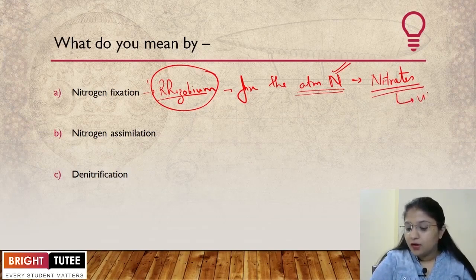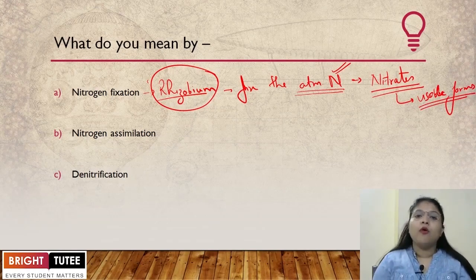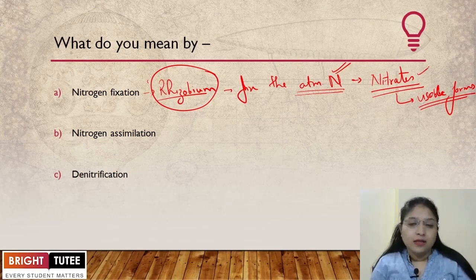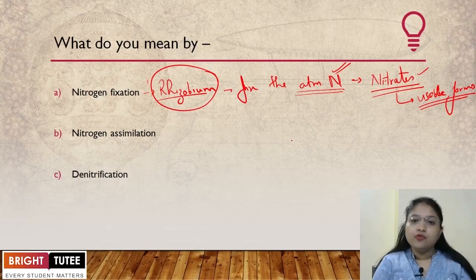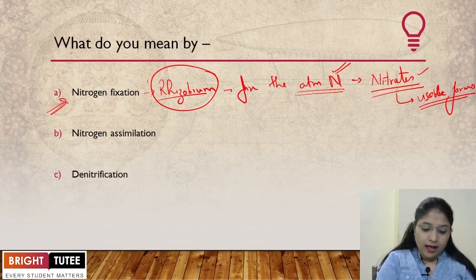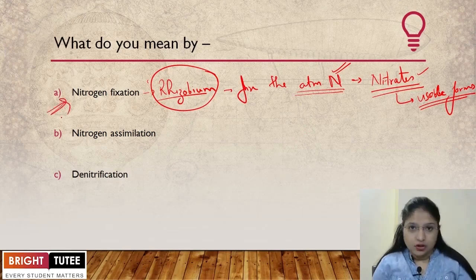These nitrates are the usable forms, and these usable forms of nitrates are the ones which are utilized by the plants and ultimately by the animals. This whole process of fixation of atmospheric nitrogen to nitrates is what we call nitrogen fixation.